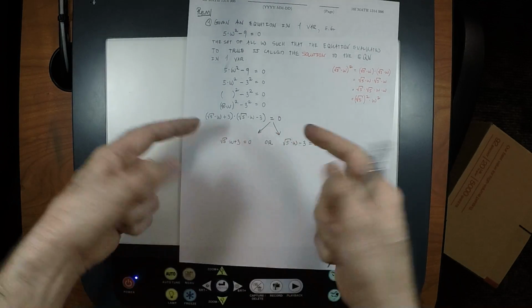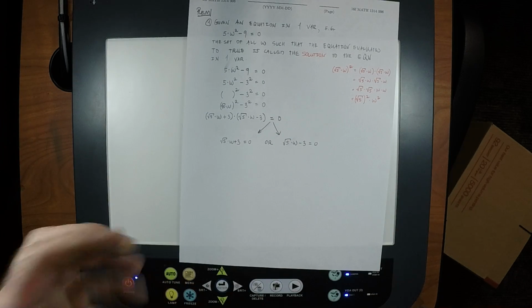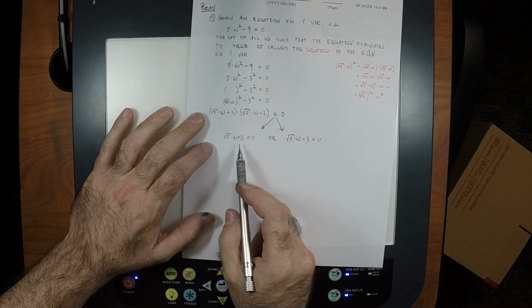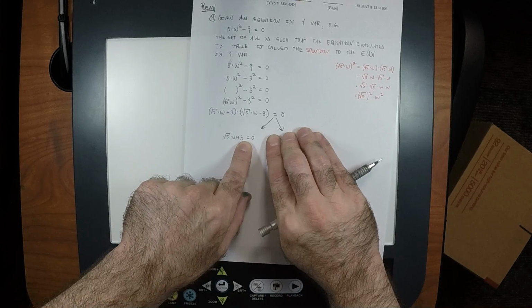Because that's the only way this could be satisfied. And understand that "or" means conceivably these could both be 0. That'd be fine too. So how do we solve just, say, that one by itself?